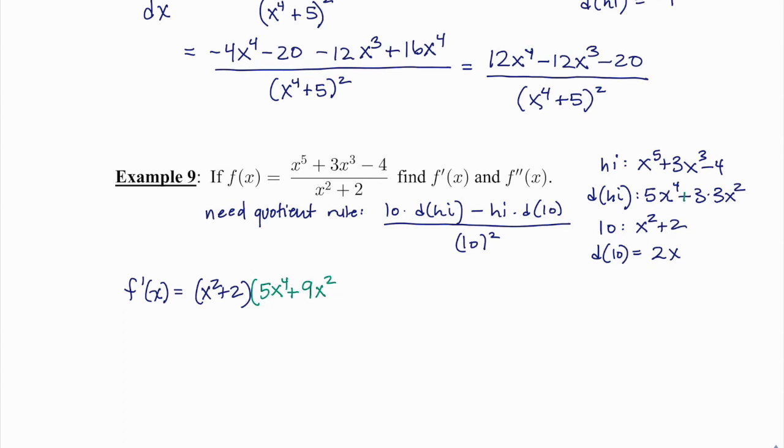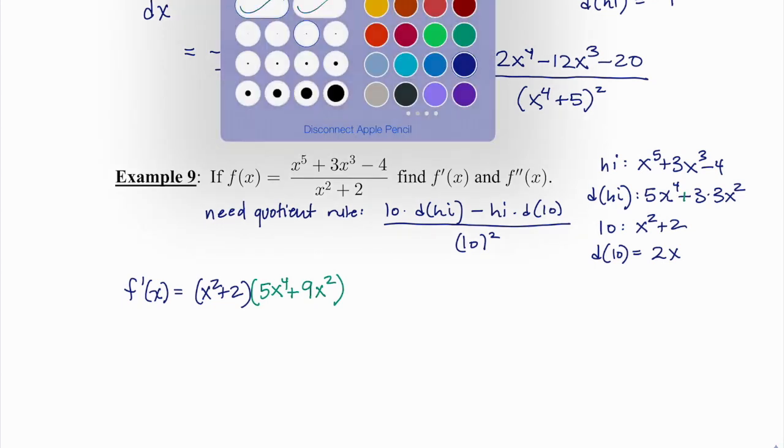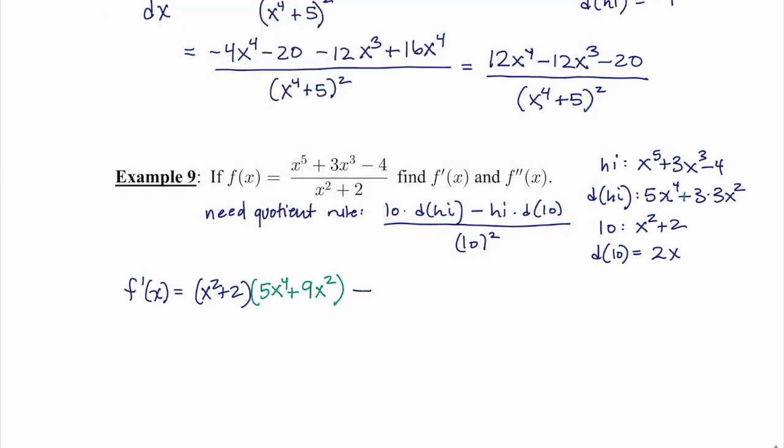And the derivative of that negative 4 is just 0, so that's it for the derivative of the numerator. And then we want minus high, which was x to the fifth plus 3x cubed minus 4, and d low, which was 2x. And we want that all divided by the denominator squared.